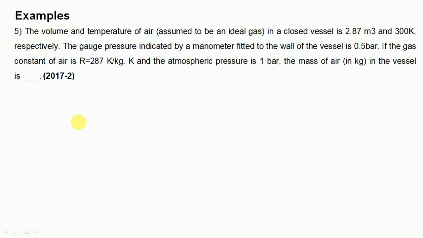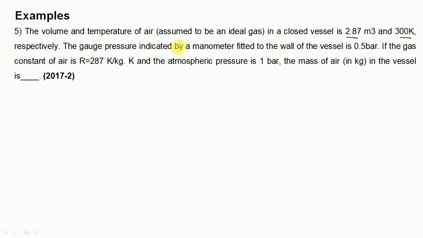So now next, example number 5, which is from GATE 2017 set 2. Here the volume and temperature of the air in a closed vessel are given: the volume is 2.87 meter cube and the temperature is 300 Kelvin.